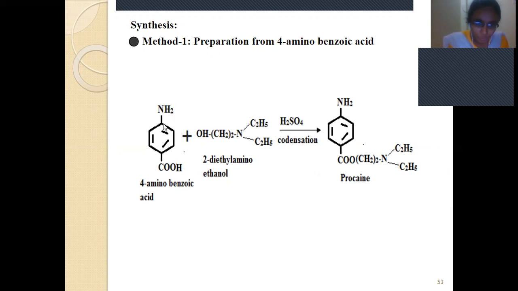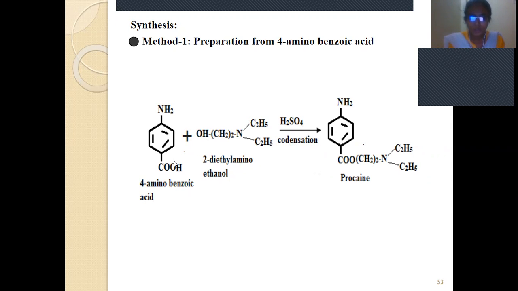See here, in the fourth position, 1, 2, 3, 4, an amine group is there. So 4-amino benzoic acid is reacted with 2-diethyl amino ethanol, in the second position. When it undergoes the condensation process in presence of sulfuric acid, we will get procaine.